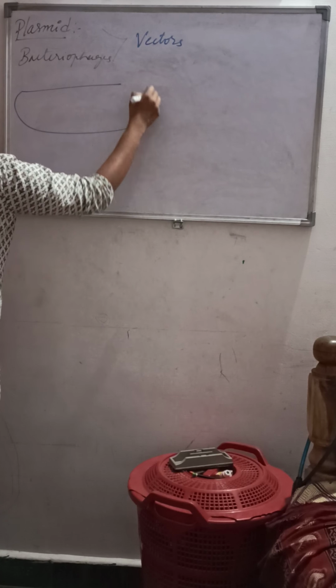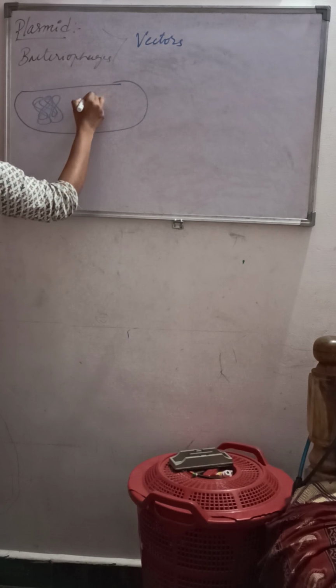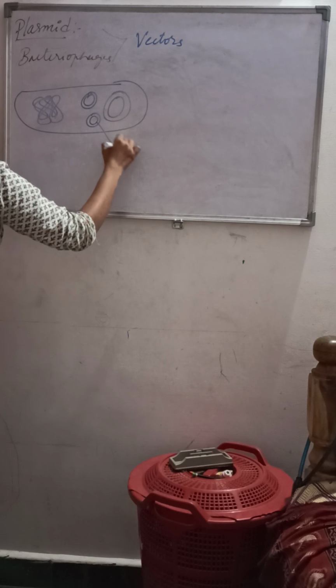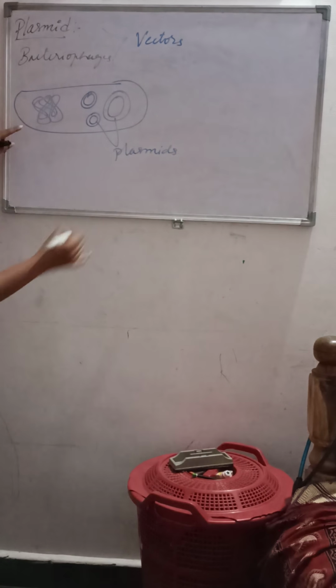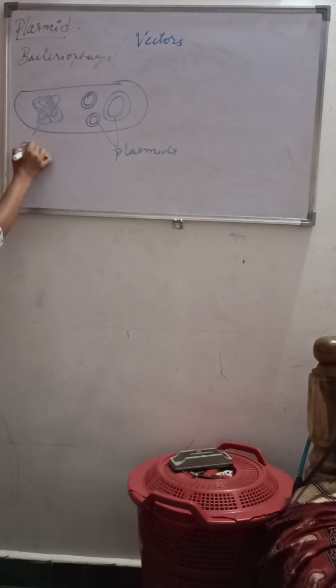So what are plasmids? These are autonomously, that is self-replicating, circular extra-chromosomal DNA present in the cytoplasm of the bacterial cell.